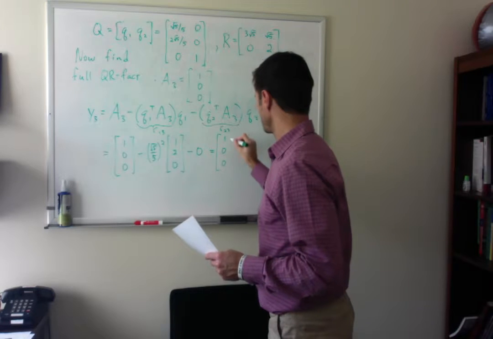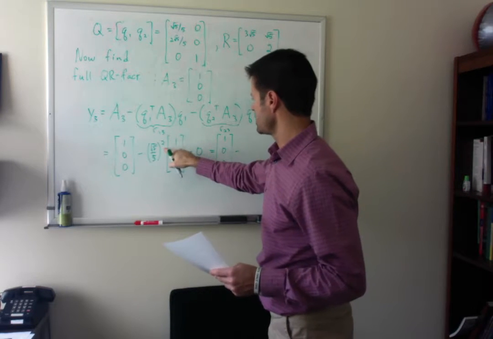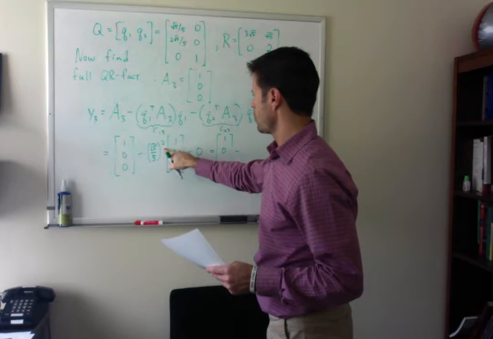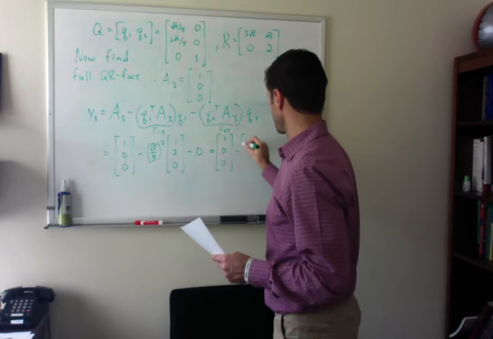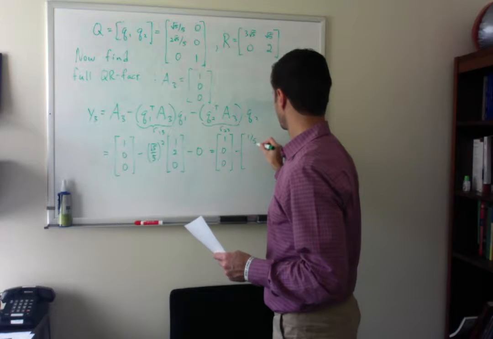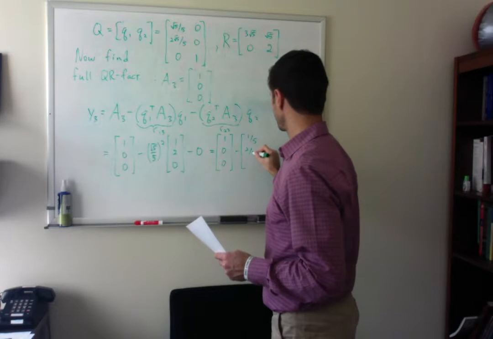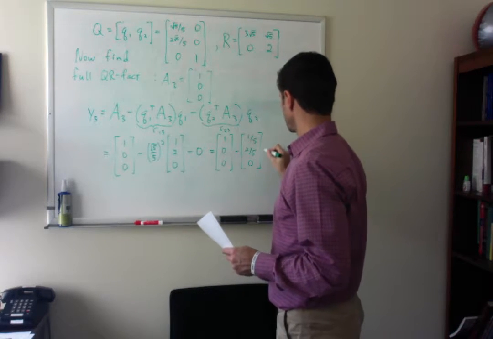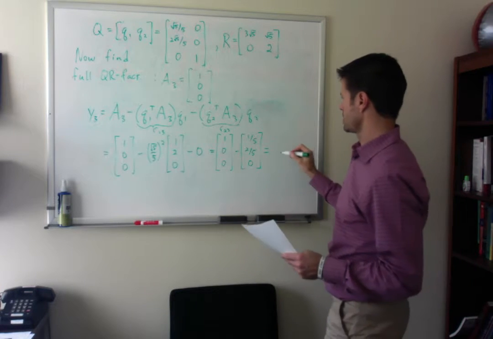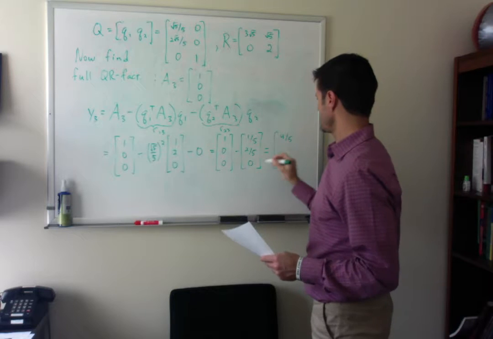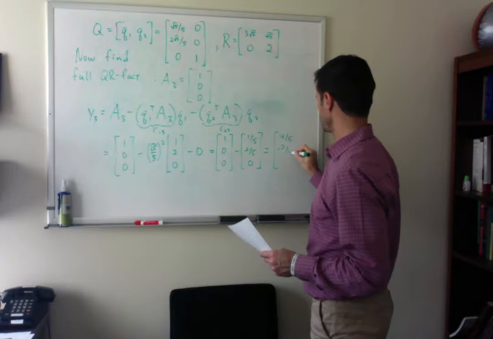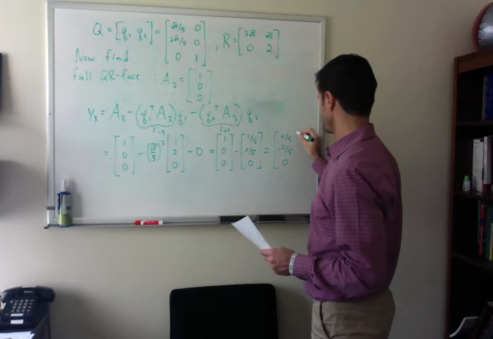So this results in 1, 0, 0 minus, let's see, this squared is 1/5. So I have a 1/5, and I distribute that into the vector. So 1 minus 1/5 is 4/5, and then 0 minus 2/5 is minus 2/5, and this is a 0.